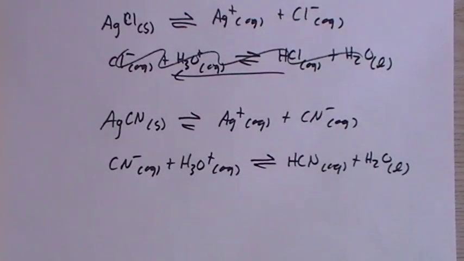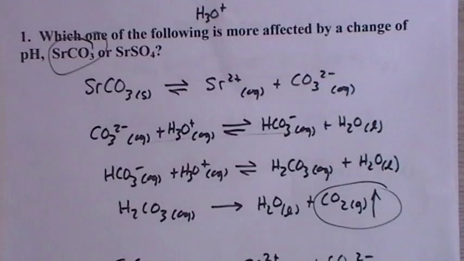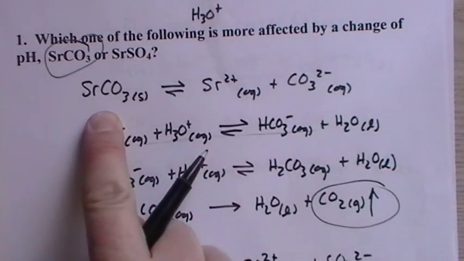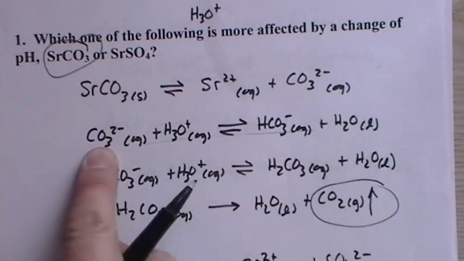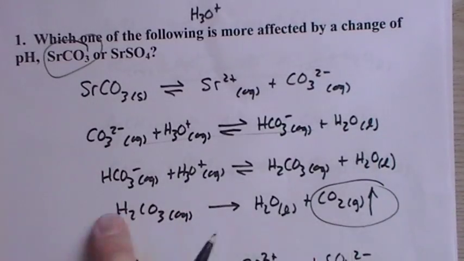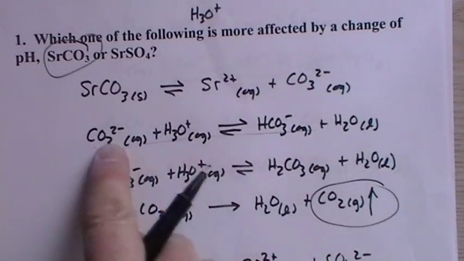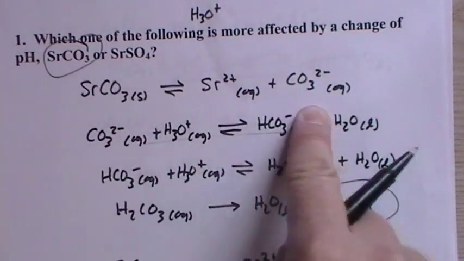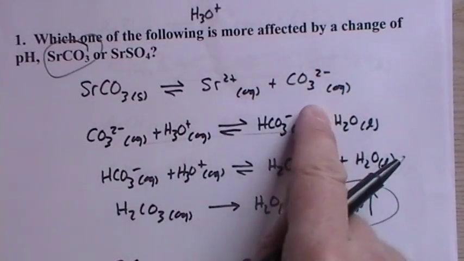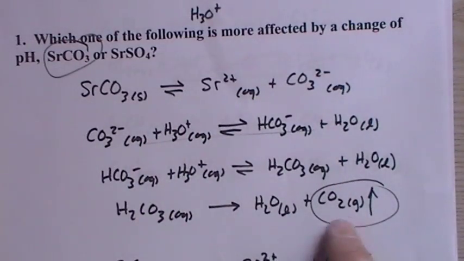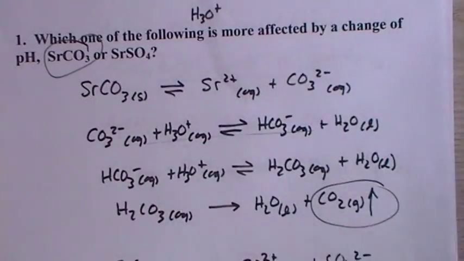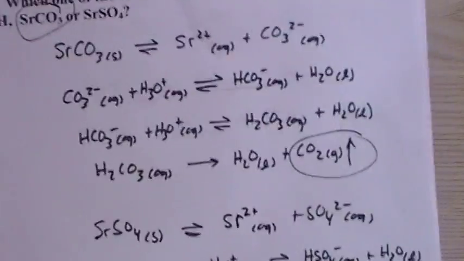Let me go back to this because I don't think I specified too much. But you have the strontium carbonate. It produces these ions. Then this ion goes on to react, and it keeps going. And by reacting, that means that we've used up some of it from this equilibrium, so it shifts to the right. And since this carbonate eventually ends up as CO2, the reaction just keeps rolling along until all of this is gone.